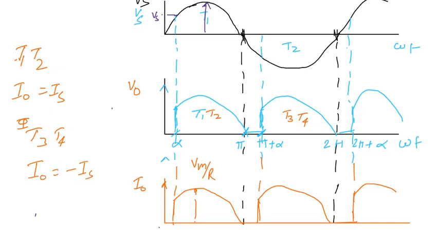So when T1 and T2 are conducting, it has this shape, but when T3 and T4 are conducting, it will have a negative shape. So this is minus Is, and this is my Is. I am drawing it on the same waveform, not changing the graph.